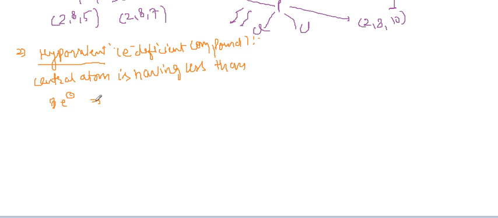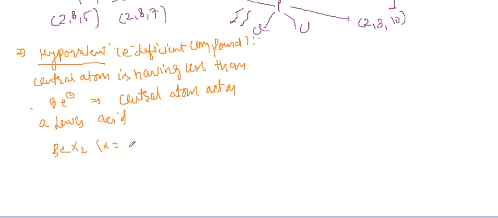So the central atom acts as a Lewis acid. For example, BeX2, where X could be chlorine, fluorine, bromine or iodine.